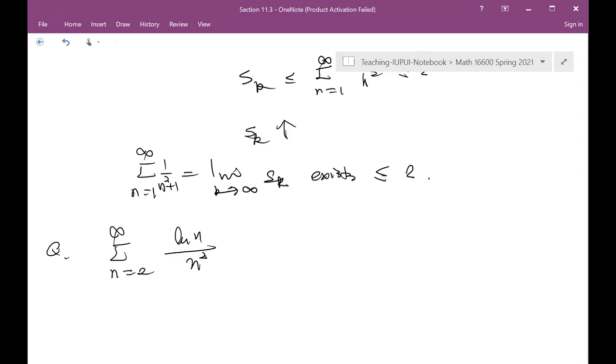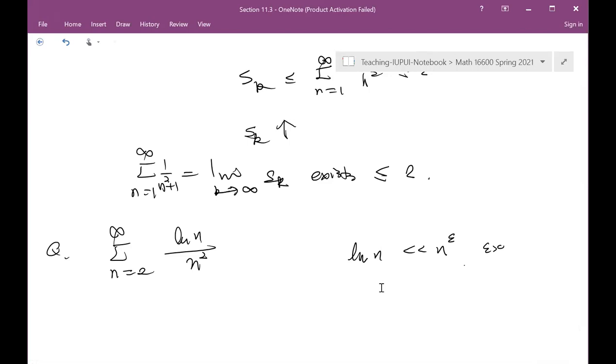Natural log of n is much, much smaller than n to any positive epsilon power when n is large. So that means you can replace the natural log by square root of n. If you take the square root of n divided by n squared, you get 1 over n to the 3/2. 3/2 is greater than 1. So that's why it's convergent.